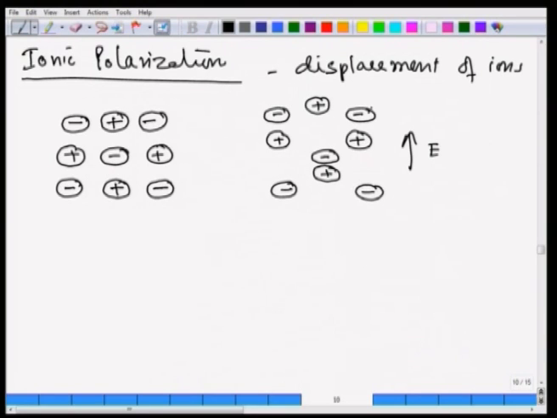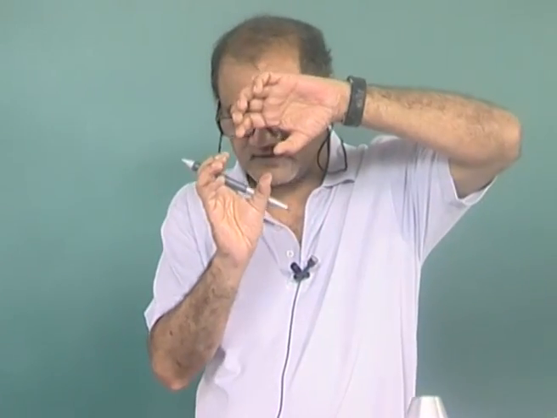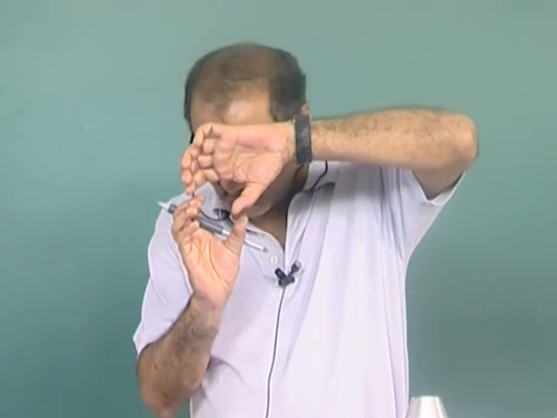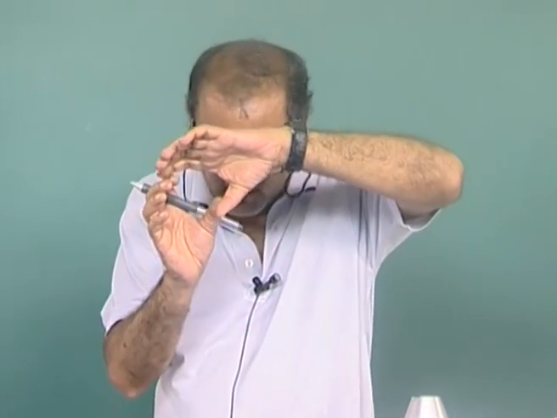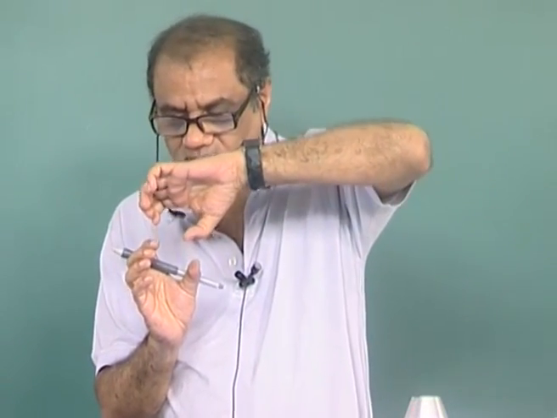So, the whole negative charge has moved down, and the whole positive charge has moved slightly up. Sorry, I am messing up. The negative charges have moved down and the positive charges have moved slightly up.